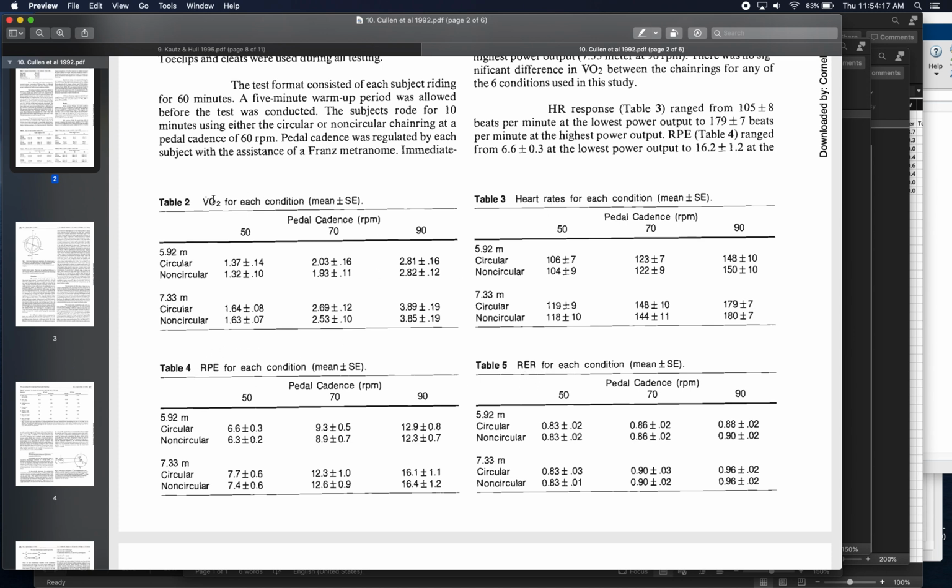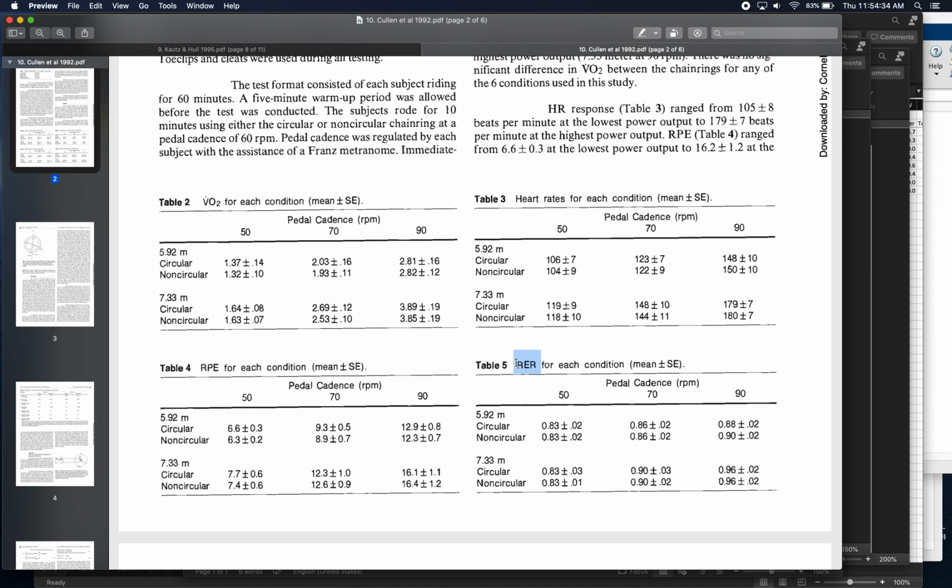These are some of the classical indices from exercise physiology of how effortful the exercise was: how much oxygen it consumed, how fast the heart was beating, how subjectively challenging the athletes thought the exercise was.